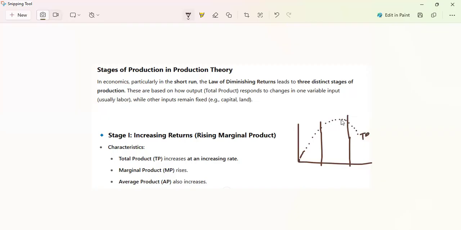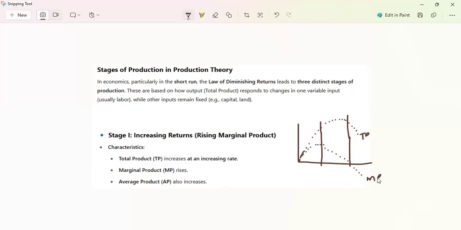In stage 2, when it reaches the maximum, it then keeps falling down. Then we have our marginal product. It will rise, and where it reaches the maximum point, it starts going down here, and it reaches 0 here at stage 2. This is called the marginal product of labor.